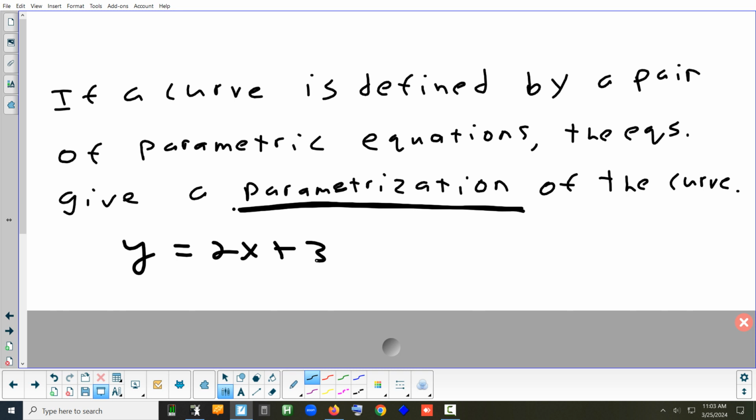We can take any graph that we already have and change it to parametric. Or we can take something that's parametric and change it back to what we're used to, like y equals function notation. And that's part of what we're going to do: convert between the two formats.